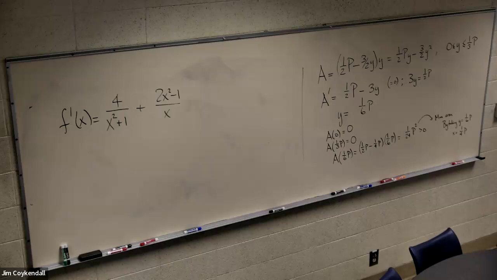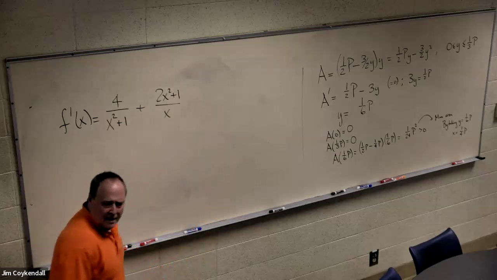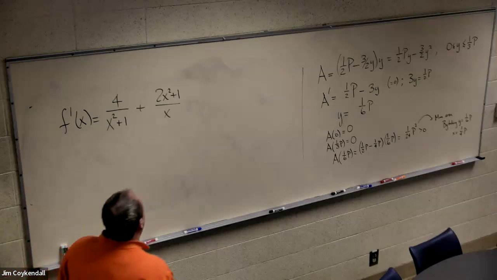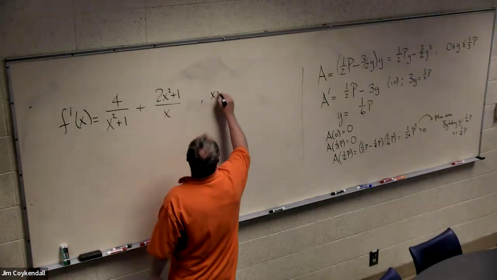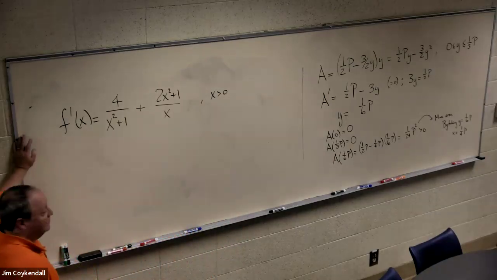No, I don't get to that until part B. Let's find the most general form. I probably did say that it's fine on 0 to infinity. So x. How would you do this?